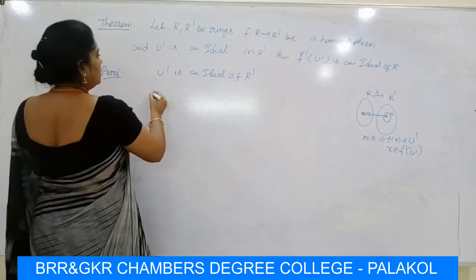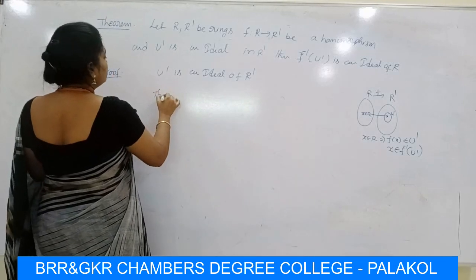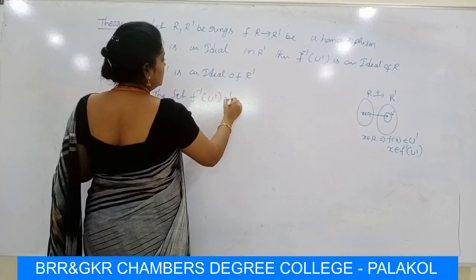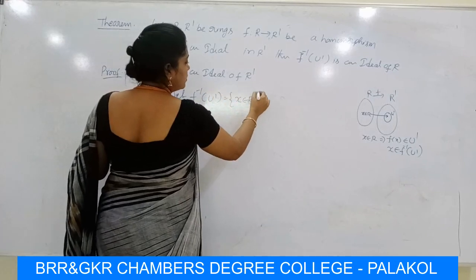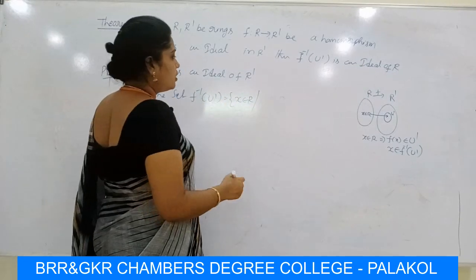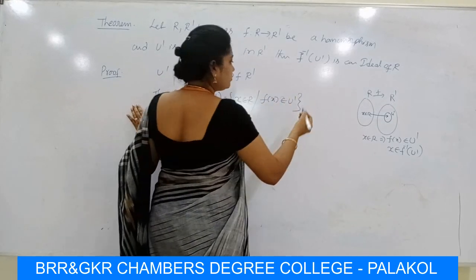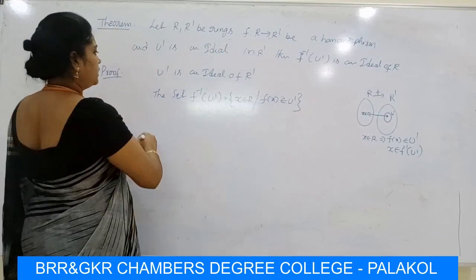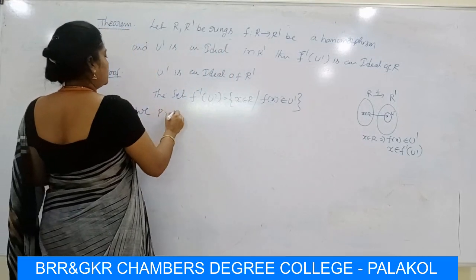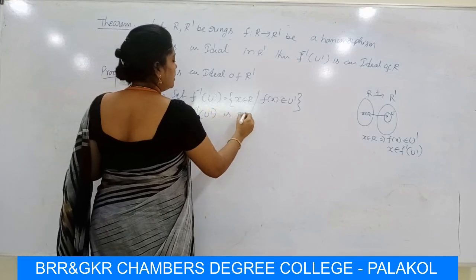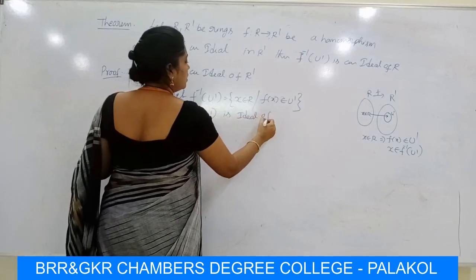So we take the set f inverse of U dash, which contains the elements x belonging to R such that f of x belongs to U dash. Now we have to prove that f inverse of U dash is an ideal of R.